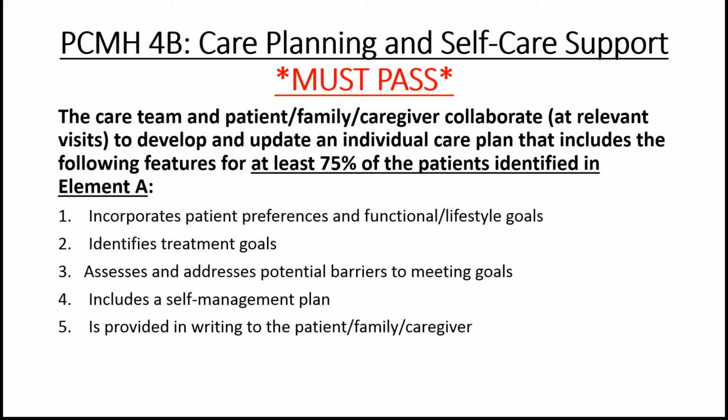And factor 5, that this is provided in writing to the patient. And again, if needed, depending on the specific patient, this might need to be in a different language for them or geared towards if they are not understanding their care and assessing for health literacy. If it's needed, that would also obviously be provided to them in whatever way they need.